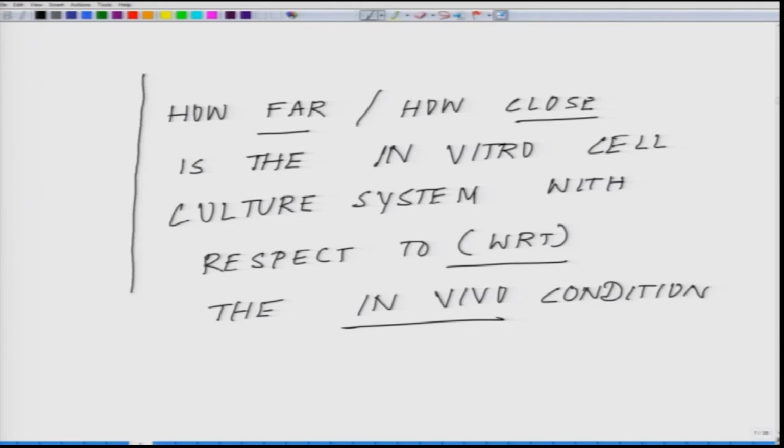This is one fundamental question one has to ask, provided you are working on some biomedical problem. Okay? This is one situation.